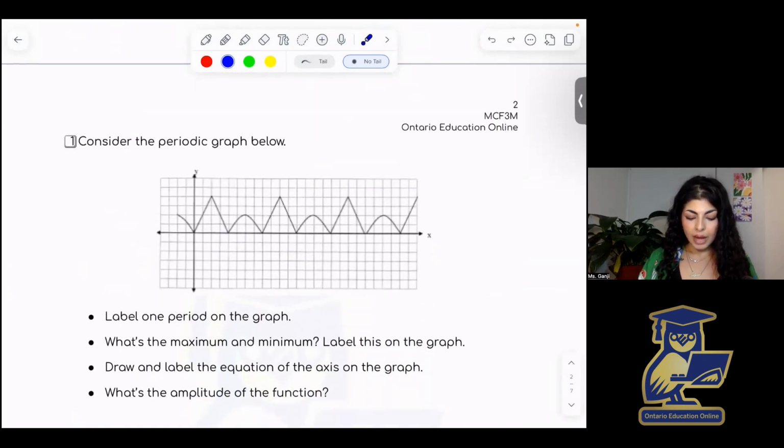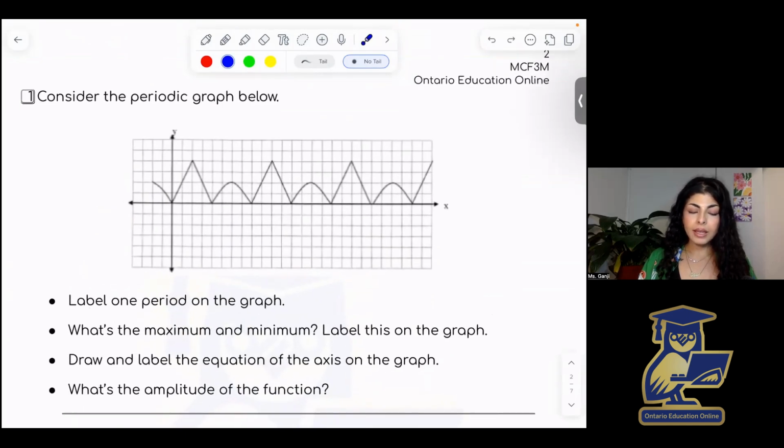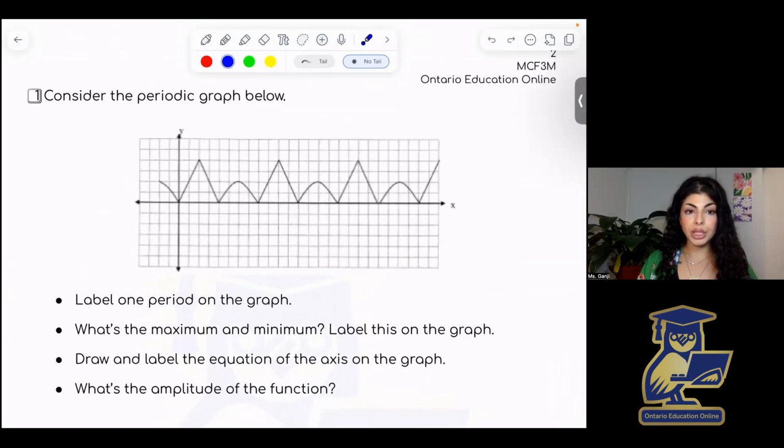Now, consider this graph here, and this is actually a periodic function as well, because remember, it is repeating, one portion of it keeps repeating. So first, label one period on the graph, and you have different options, so it depends on how you are looking at this.